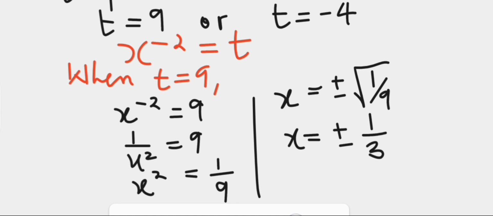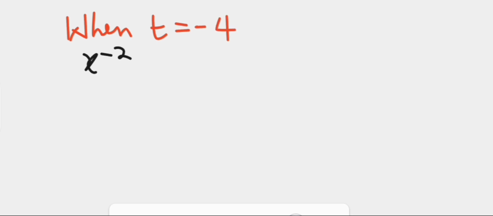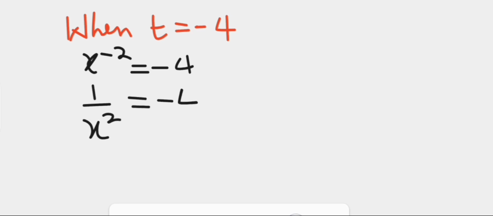Then we check the second value. We substitute the second value into our transformation. That is when t is negative 4. Means x raised to power negative 2 equals negative 4. Then 1 over x squared, which is x raised to power minus 2, becomes minus 4.